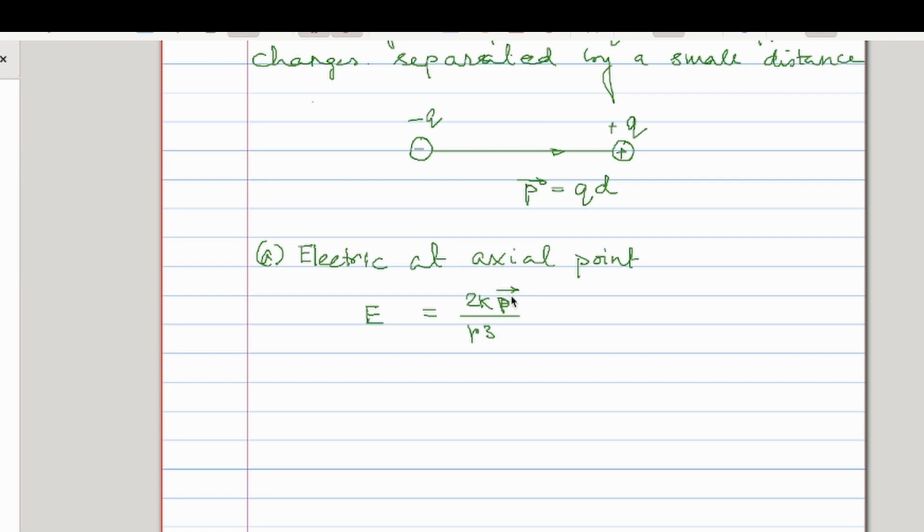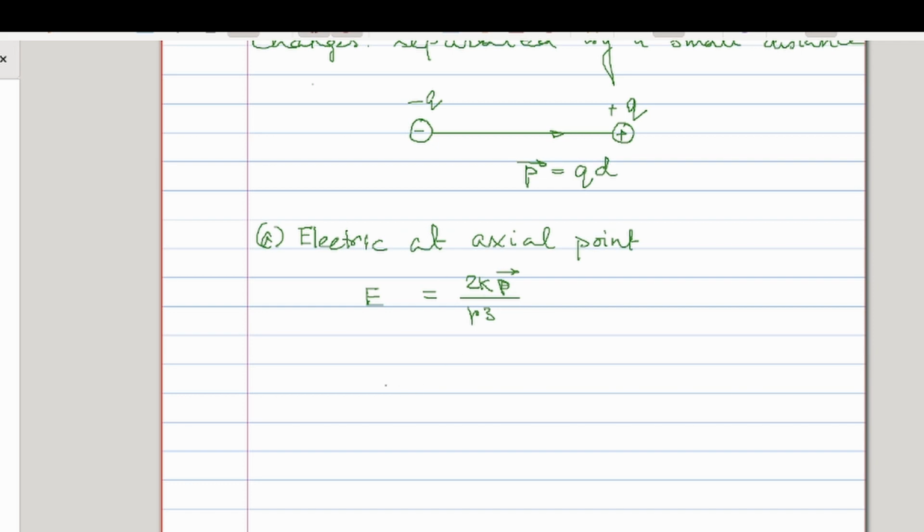Axial point means, if this is the center, this is minus q and this one is plus q, and this one is the point r, then the direction is like this.